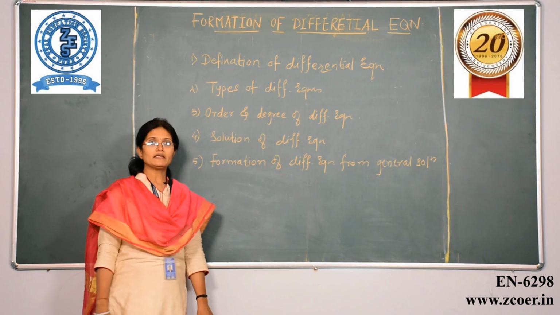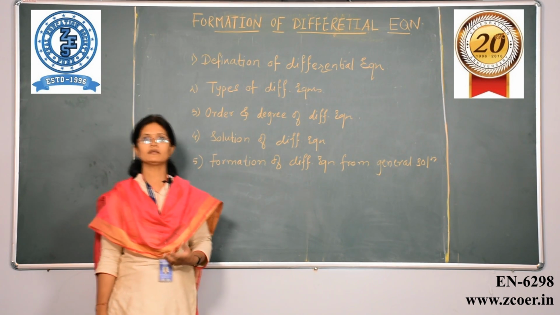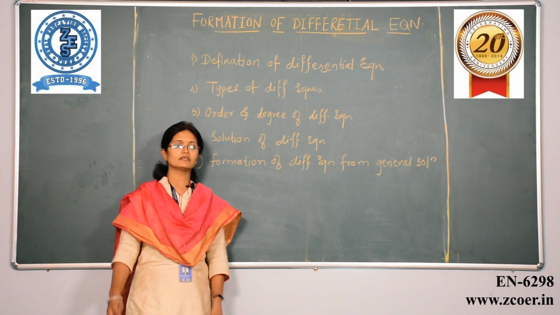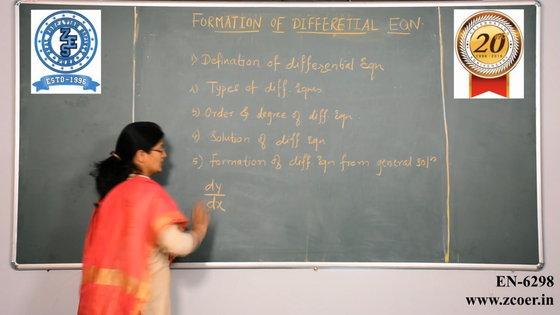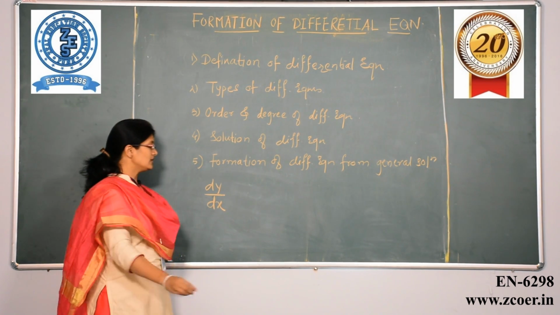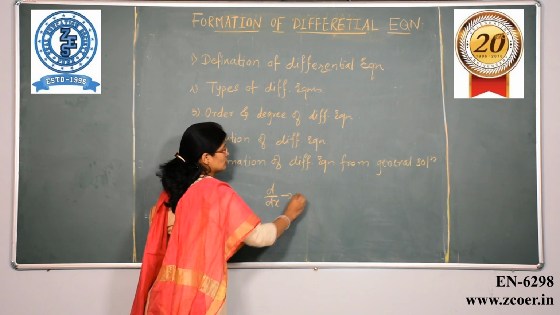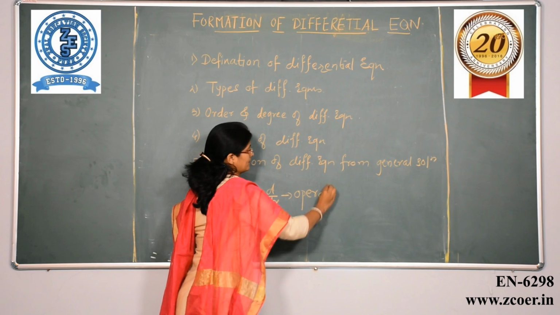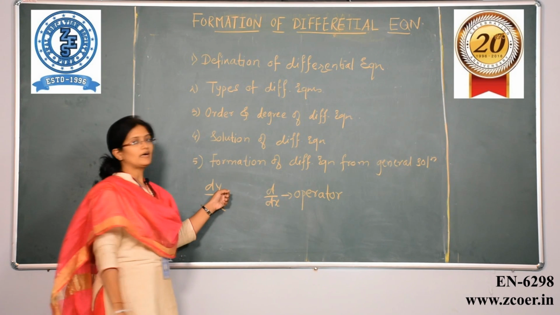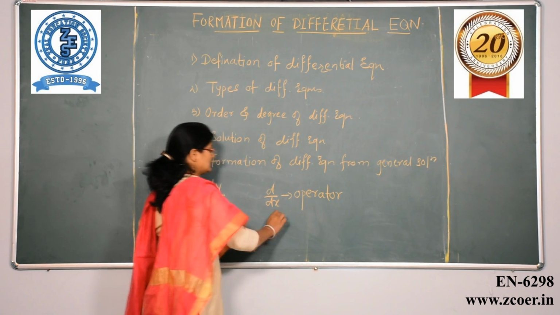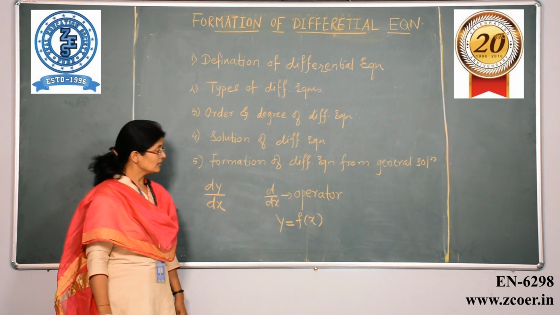Right. Now, starting with the differential equation, we will first understand what is meant by the derivative. Derivative means we write it as dy by dx. Here we say that d by dx is an operator which is operating on the function y, where y is some function which is depending on its value on x.